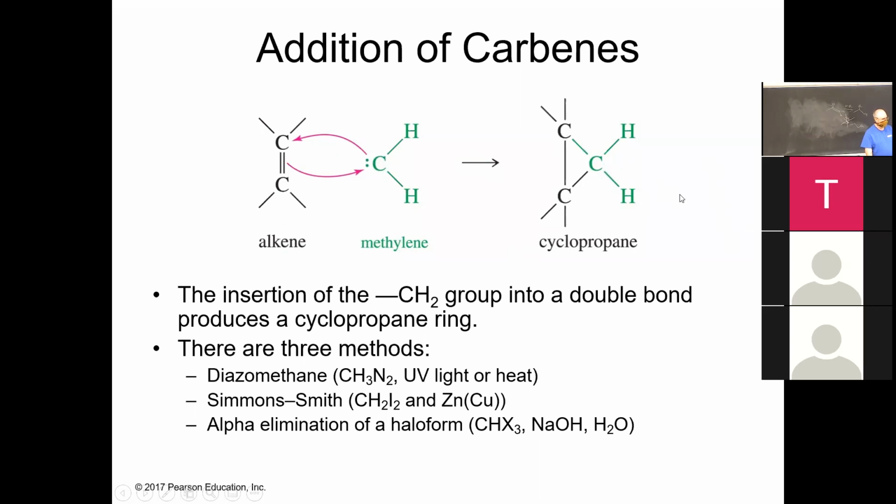Okay, this is cyclopropanation. There are three methods of cyclopropanation. One is to use diazomethane. There's the Simmons-Smith reaction, and then there's alpha elimination of a haloform.